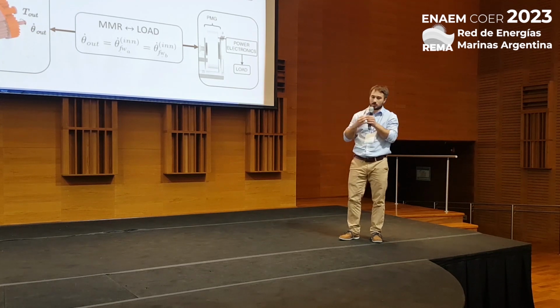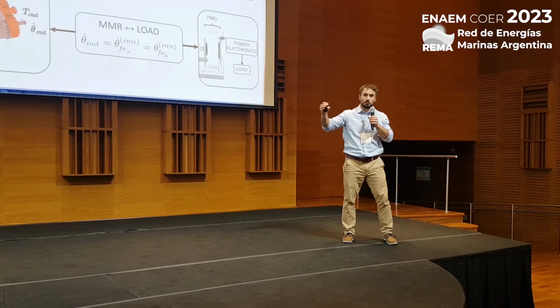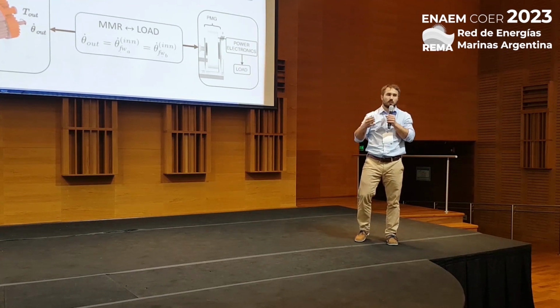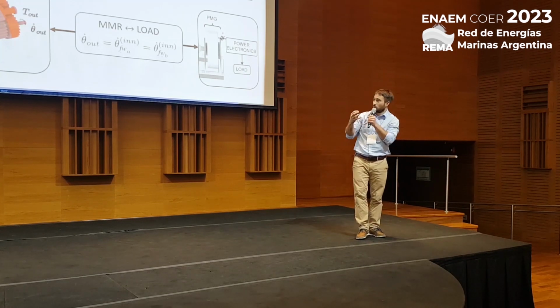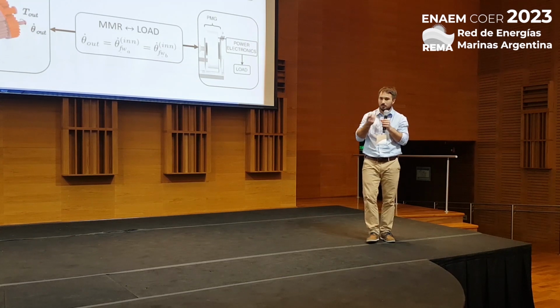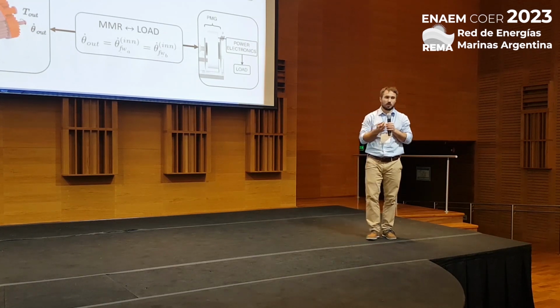If you see this model, every component is moved to the left and to the right of the nonlinearities. That allows us to make a more compact model and to analyze only the input and the output. So yes, we have considered it.